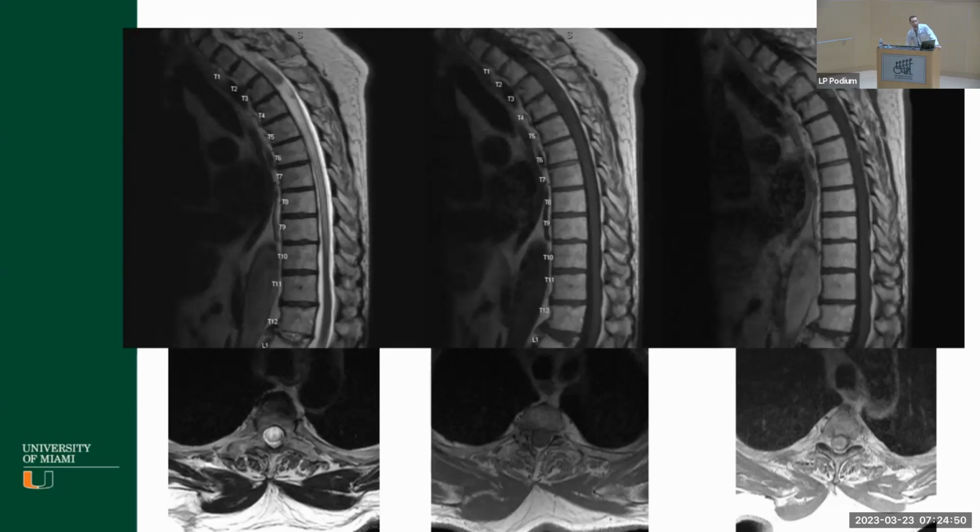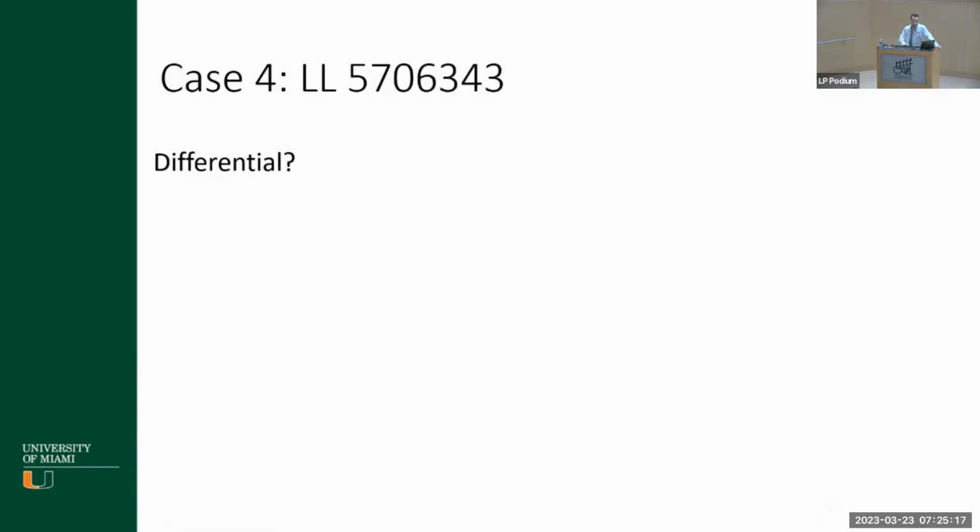Could it be not neoplastic maybe? Yeah, I agree.